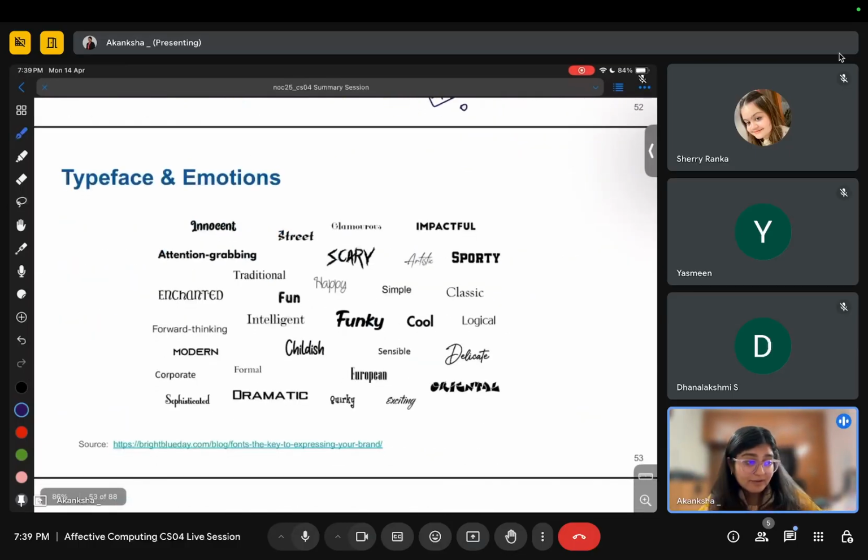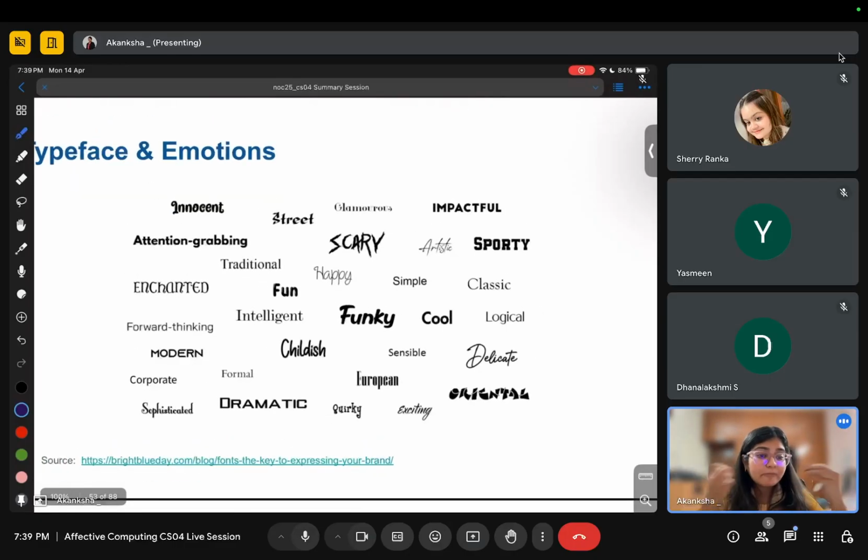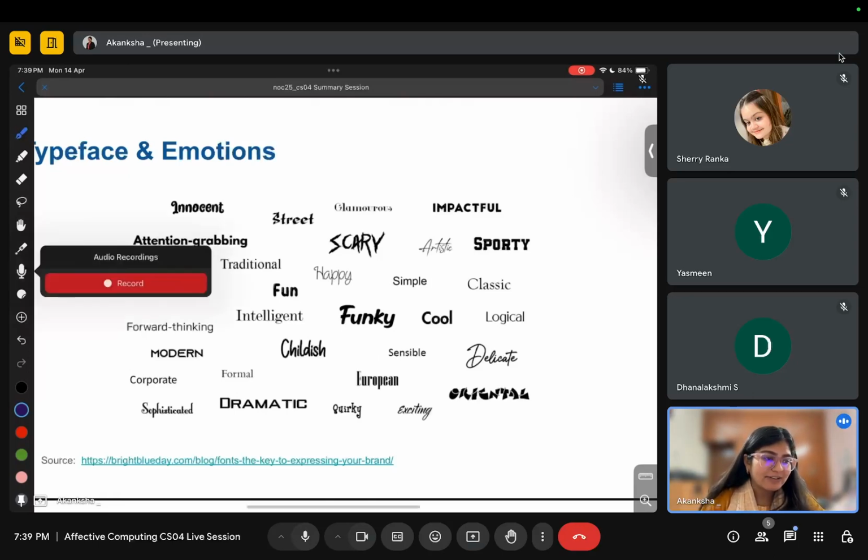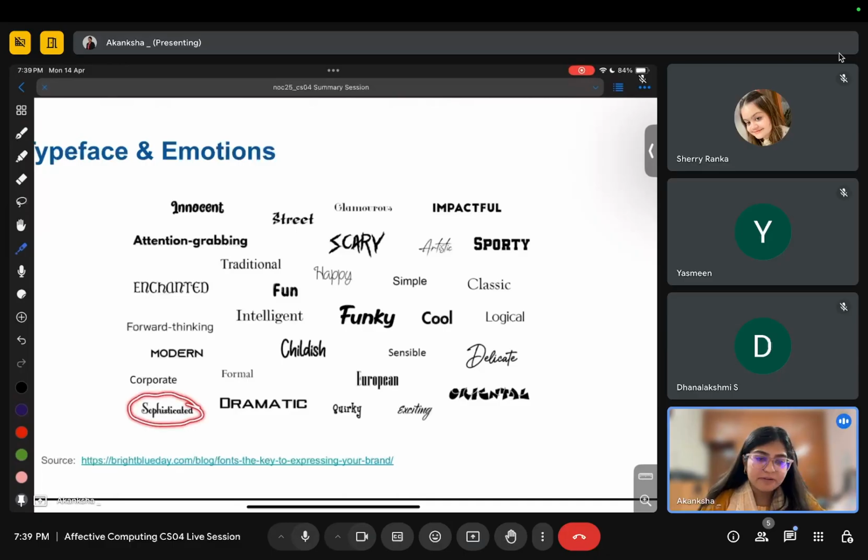Also a very interesting slide. I really want to tell you how typefaces and fonts matter, especially in visual advertisements, or say you're designing a poster for Halloween, where some scary factor should be there. So you won't use this font for a Halloween poster. It must be something like this.